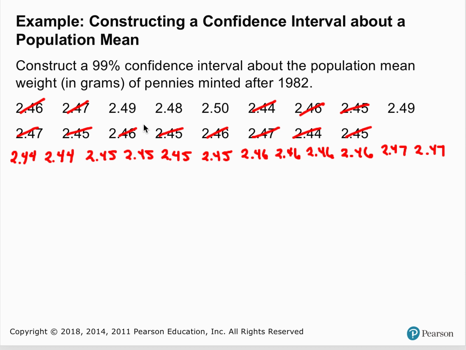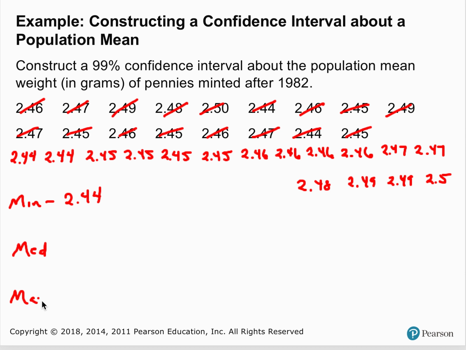Not quite going to fit on here. Nearly 2.48. I'm going to just do it over here. 2.48. 2 4 9s. And a 2.5. Okay. So my minimum value is 2.44. Okay. My median, my max is 2.50.